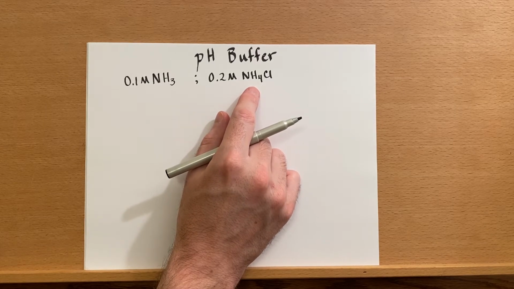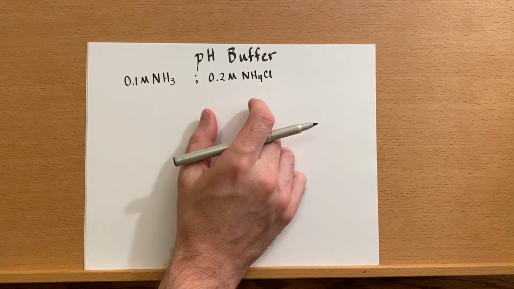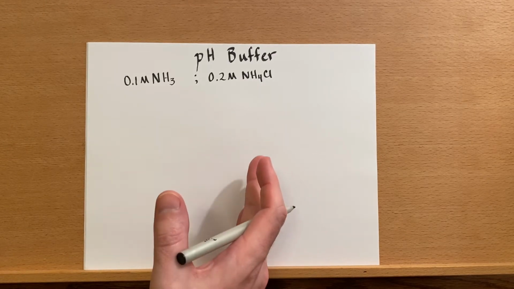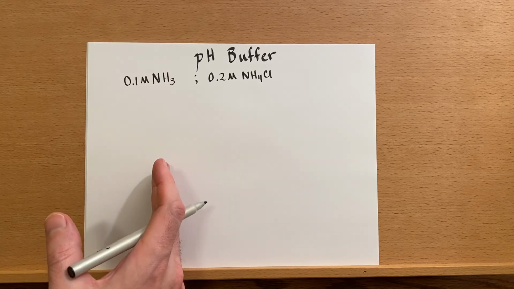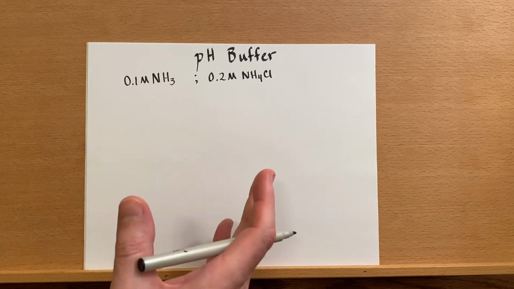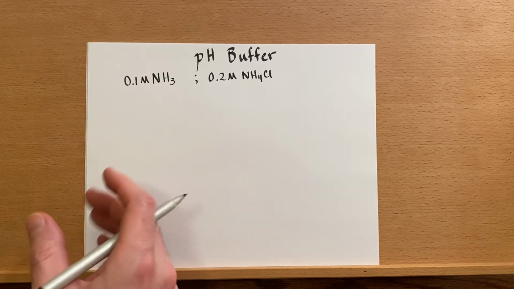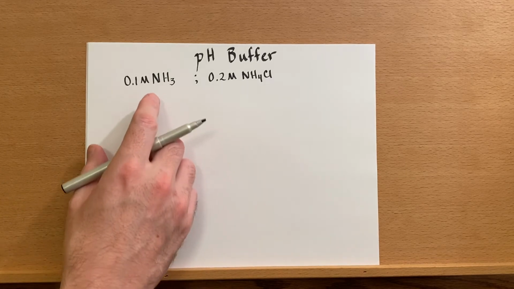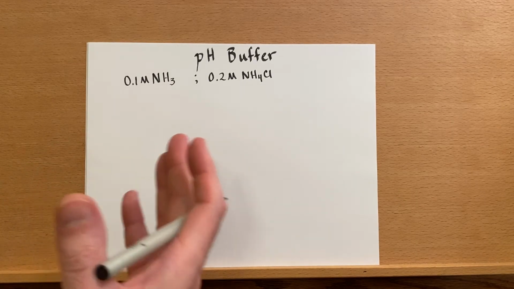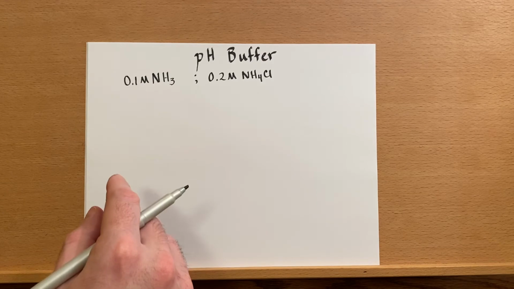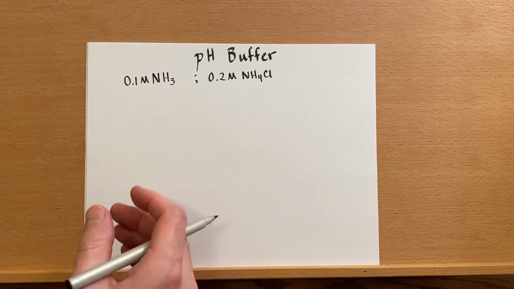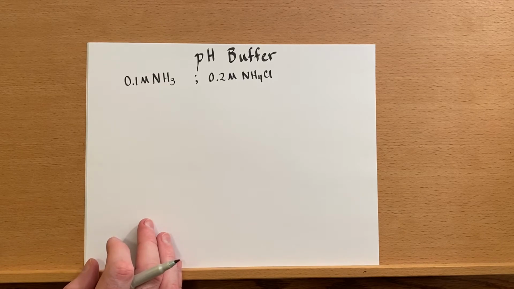But if we do find one that has Kb, we'll have to first convert Kb to Ka, and then we can take the negative log and convert that to pKa. Alternatively, you could take the negative log of Kb and then take 14, subtract that, and you'll get the pKa. There's a couple of different ways of determining it.